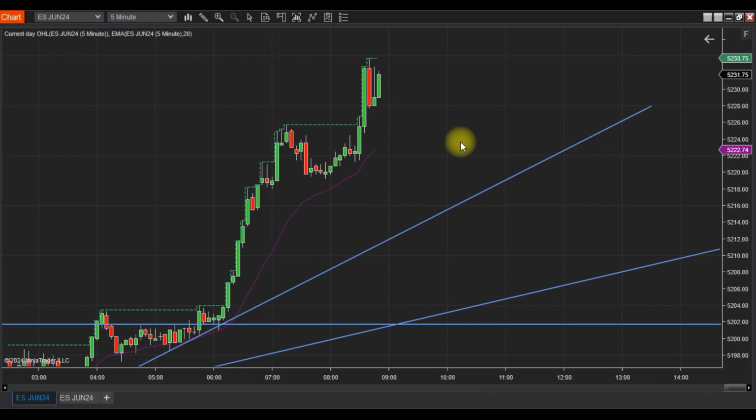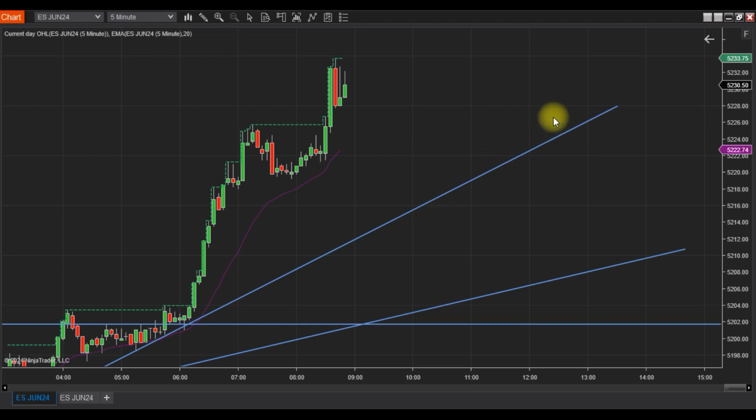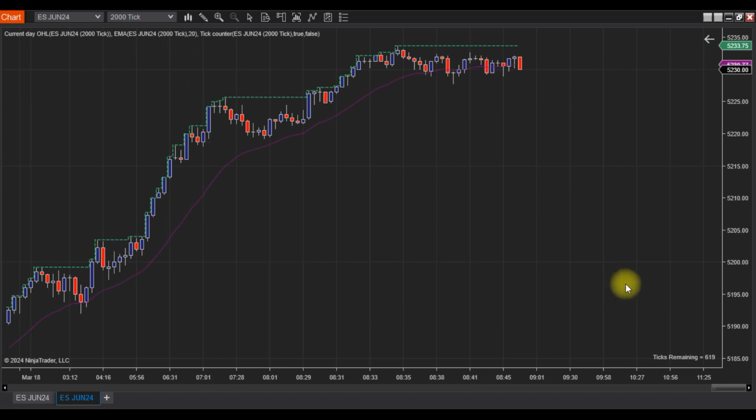All right, so I mentioned a range at the very beginning, and that's really what we've gotten here. We had two nice bull bars, this one and this one. Got a bear bar, small bull bar, inside bar. I mean, this is just ranging price action here.